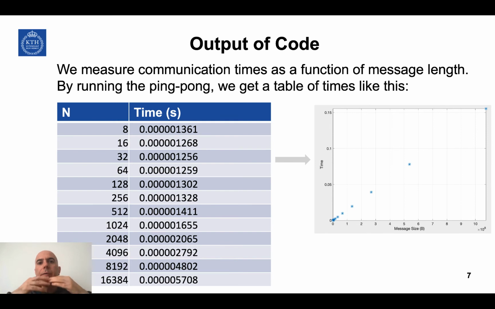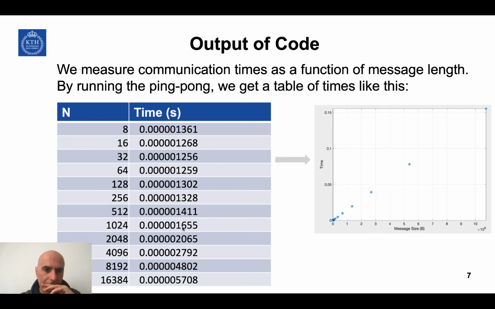If I run the code on the supercomputer, what I will get is basically 2 columns. The output is 2 columns, one with the size in bytes, right? So it is 8, that's basically one element of type double, right? And then the time in seconds that it takes for doing this communication.